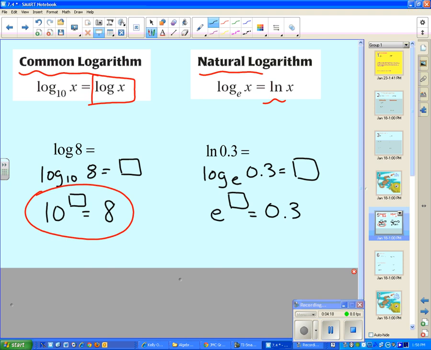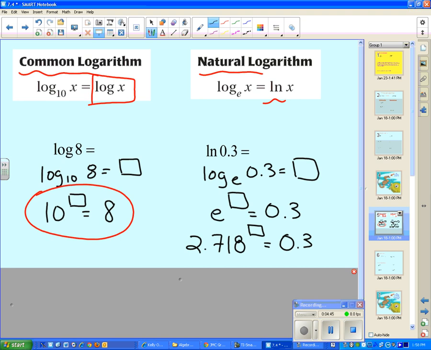And e was what again? 2.718 to some power equals 0.3. You decide on your own right now, before you put it in your calculator, what do you think? Is it going to be positive, bigger than 1, between 0 and 1, or negative?